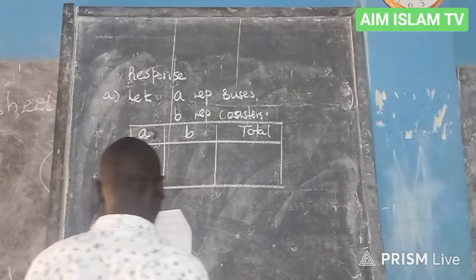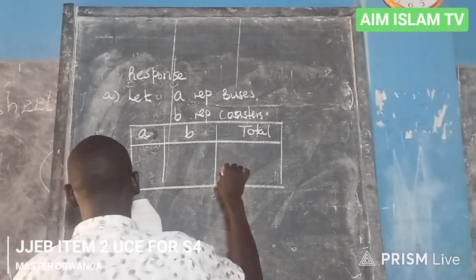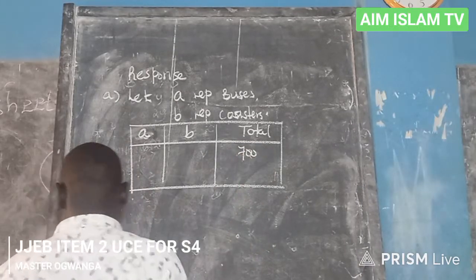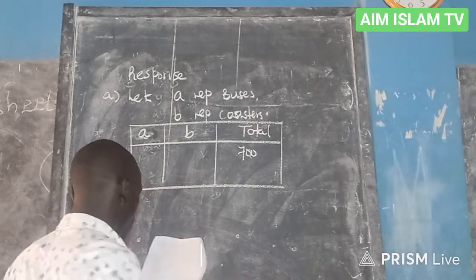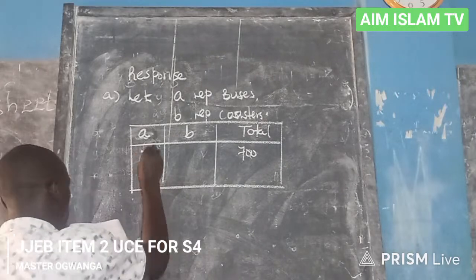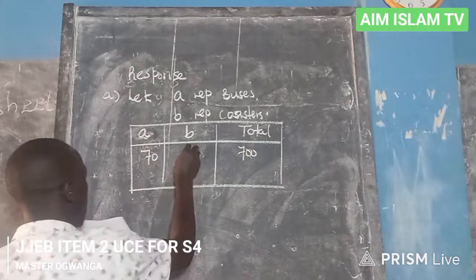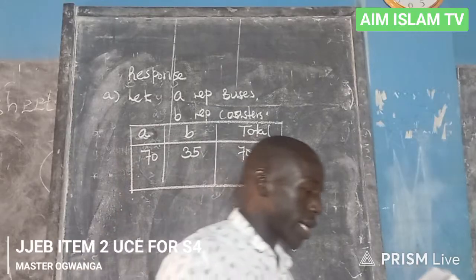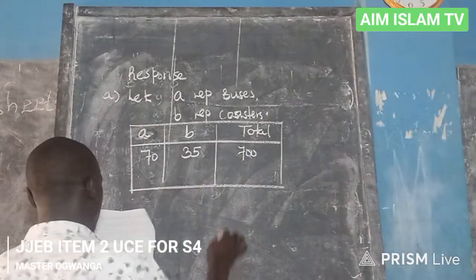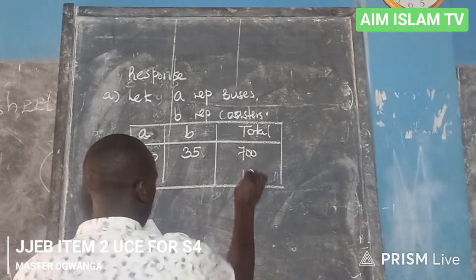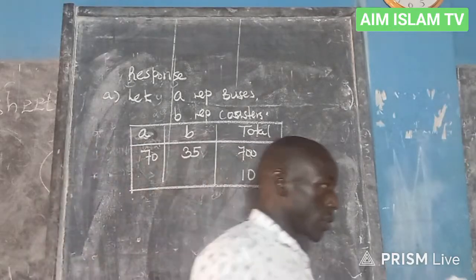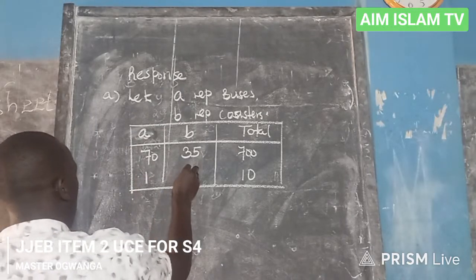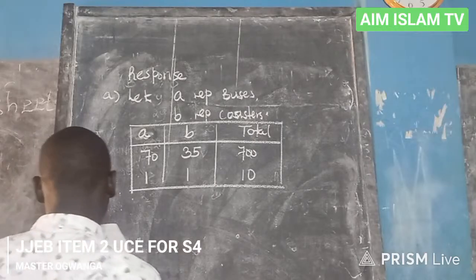For the first part, they are telling us that it is able to carry 700 passengers, of which 70 should come from the bus and 35 will come from the coaster. But when you look at the number of drivers, they are saying they are only 10, meaning that in this line, it is given by a bus and a coaster combined.